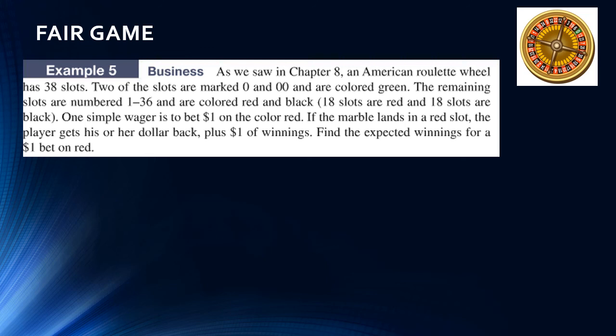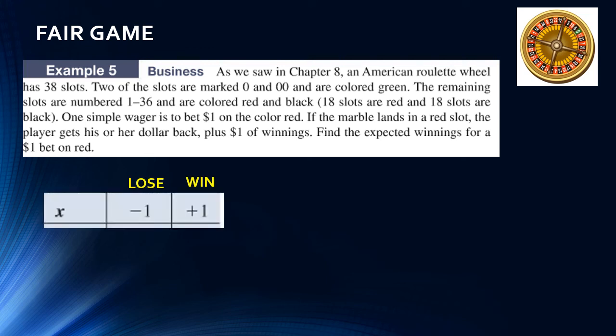So really in this case, our probability distribution is either win or lose, right? It either lands in black or it doesn't. So we only need 2 columns there. Our variable, if we lose, we're going to lose the $1 we bet. If we win, we're going to get our original $1 back plus an additional $1. So we're actually increasing our win by $1.